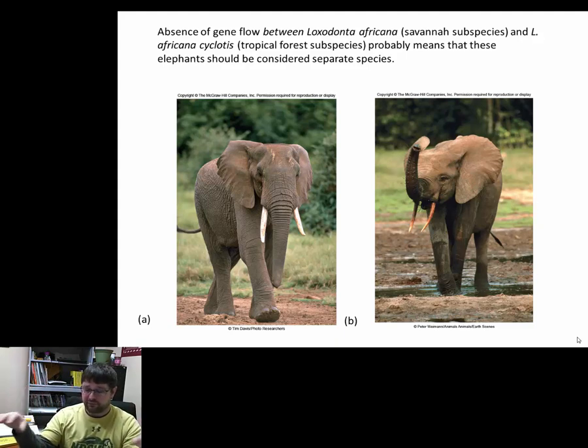Most people could tell them if they were standing next to each other. The savanna is much larger and has white tusks. Along with that, there is a little bit of difference in ear shape and things like that, that if you knew what you were looking at, you could tell, and a little bit of difference in the mass of the head, and the age at sexual maturation.